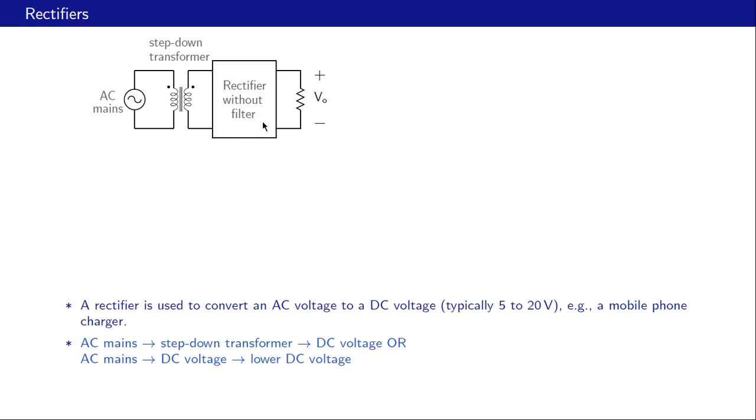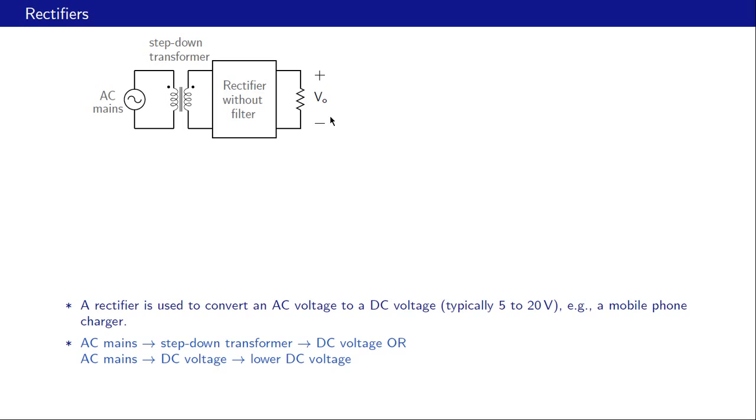And finally, we have the load, and here we have shown the load as a simple resistor. In real life, it could be something else. And this voltage, the output voltage, is taken across the load. And our intention is to have VO as a DC voltage.